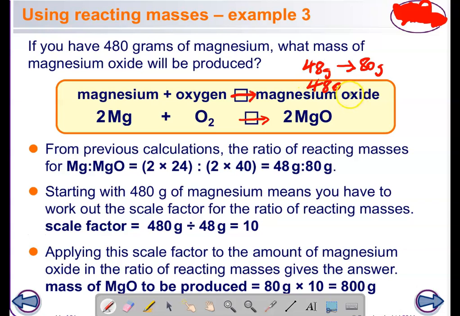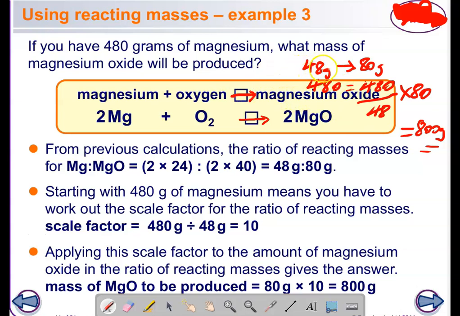Now, if we go back to our mass, if more, less divide; if less, more divide. We're going to have 480 divided by 48 times 80. And what are we going to get? 800 grams.